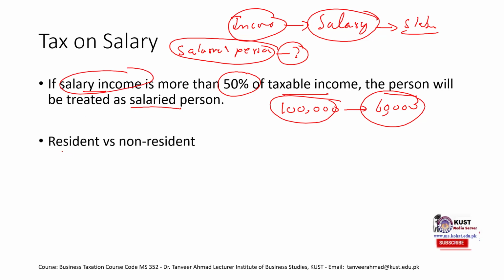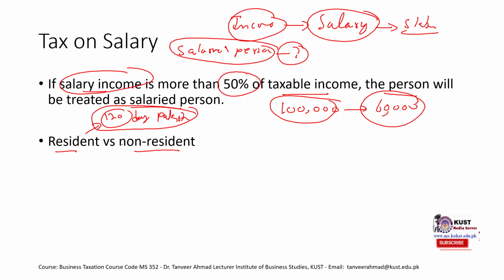Then we need to distinguish between resident and non-resident. Resident is someone who spends more than 120 days in Pakistan, right? So whoever is resident would have to pay tax.